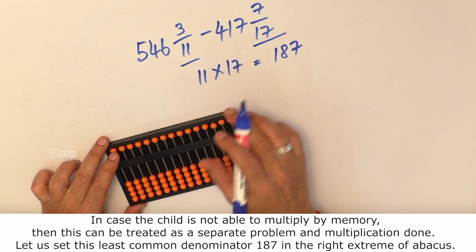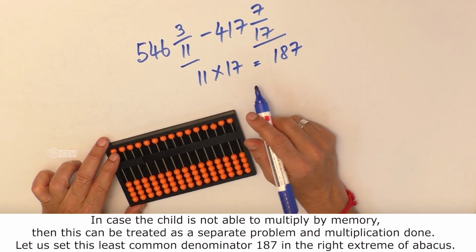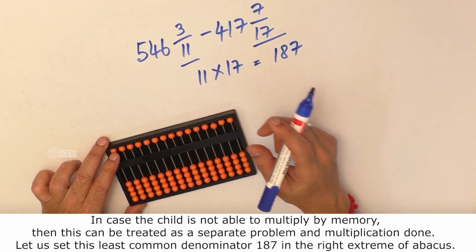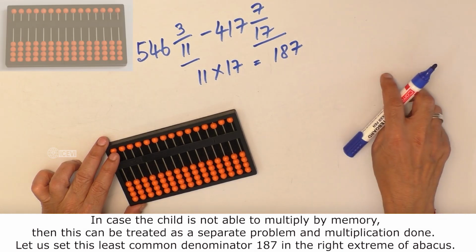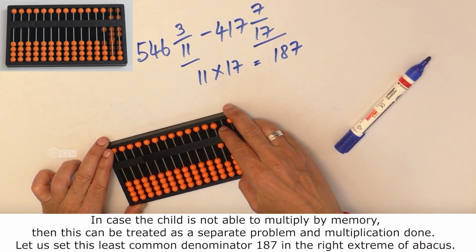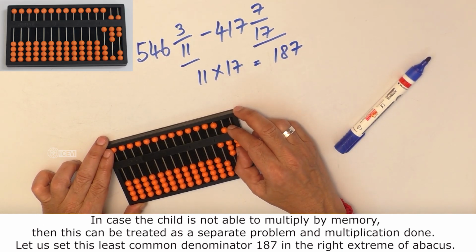In case the child is not able to multiply by memory, then this can be treated as a separate problem and multiplication done. So let us set this least common denominator 187 in the right extreme of the abacus.